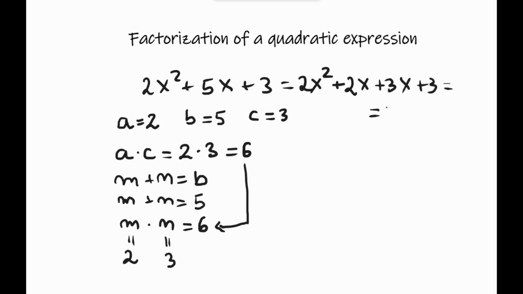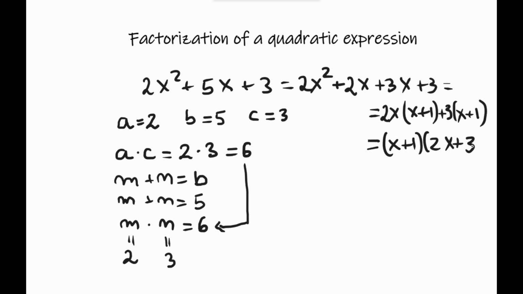We will make 2x the common factor in the first two terms and 3 the common factor in the last two. And our expression will be x plus 1 times 2x plus 3.